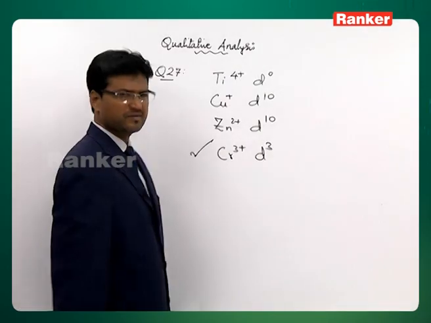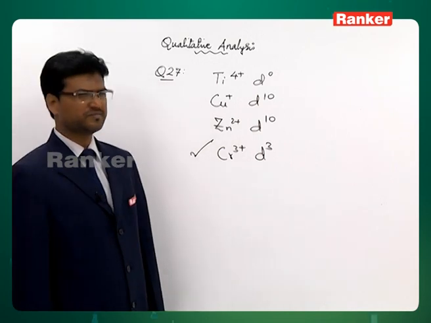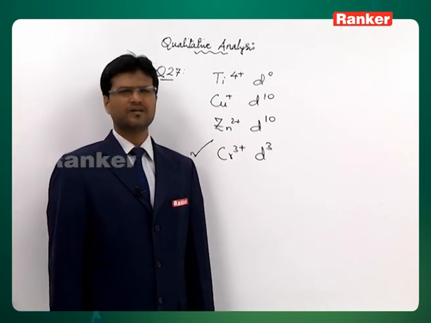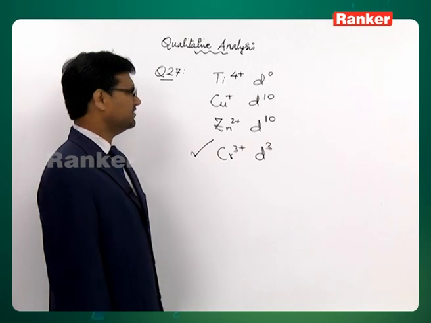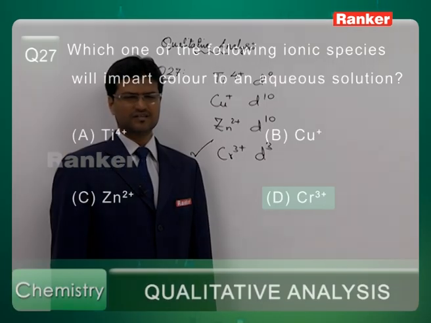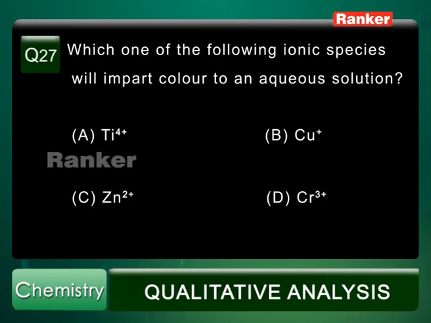Therefore, Cr3+ must be colored. Species having partially filled d subshell only are colored, whereas d0 and d10 species are colorless. So, the correct answer therefore is D, Cr3+. It imparts green color to the solution.